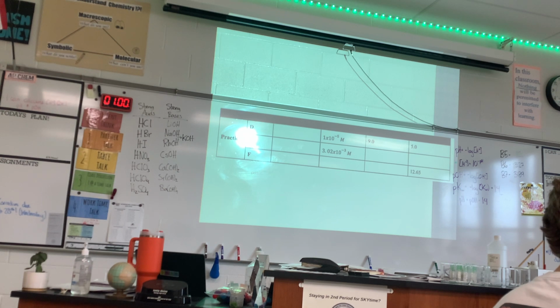Solution F, you should have said, is an acidic solution. It has a pH of 1.35. So I'm reading that in a weird order. I don't know why I did pH first. The hydronium concentration, which is H3O plus, should be 0.045. The OH concentration is 2.2 times 10 to the negative 13.